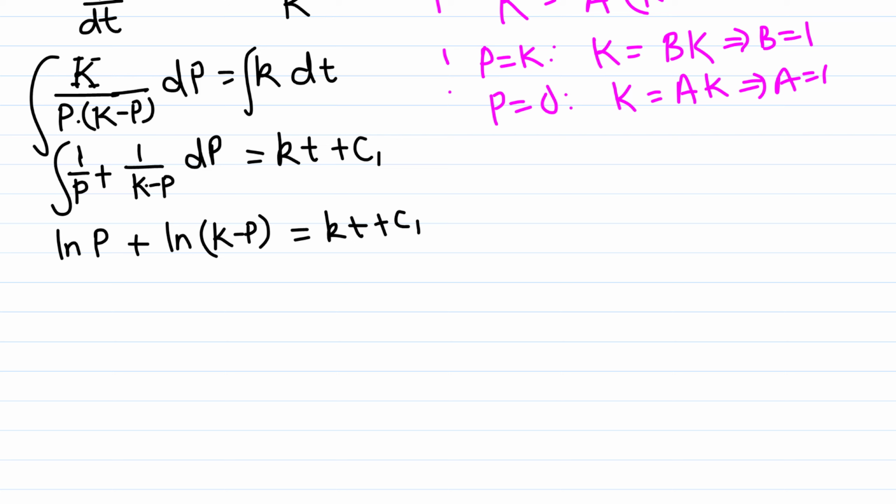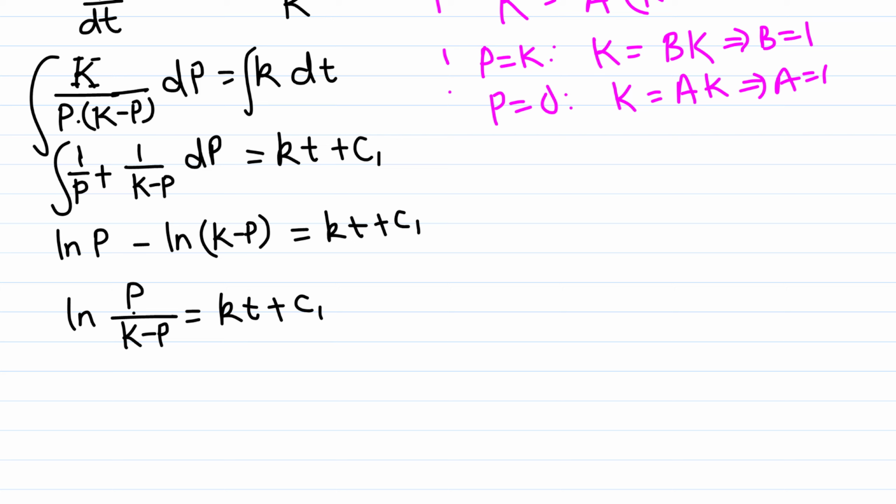The derivative of K minus P is negative 1, but there is no negative, so it got to be a negative sign. Now we can combine these two logarithms. The difference of two logs is the log of the quotient: natural log of P over K minus P equals kt plus c1.